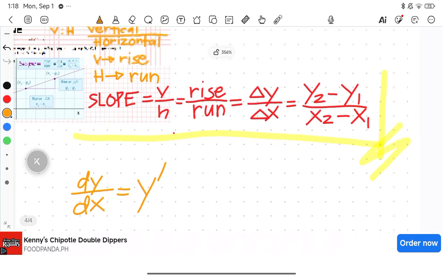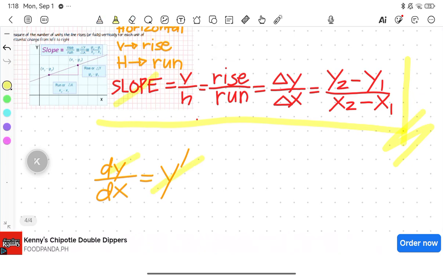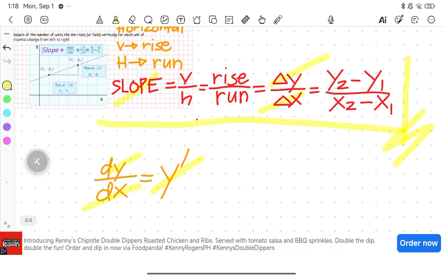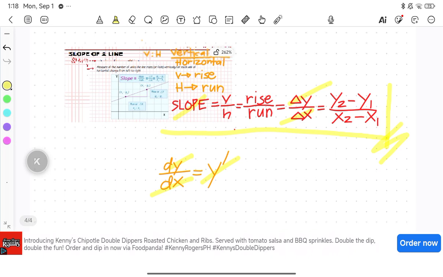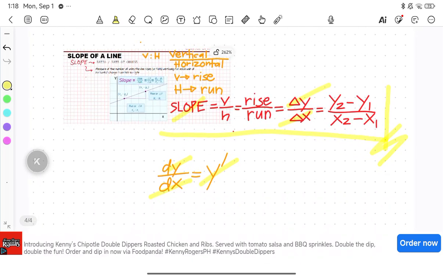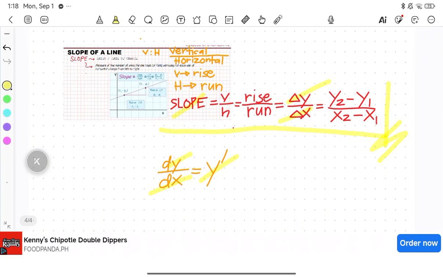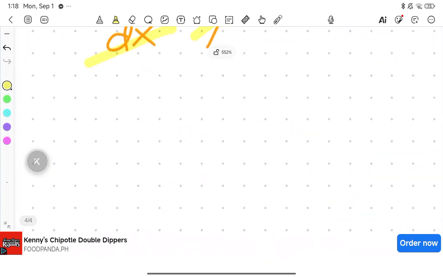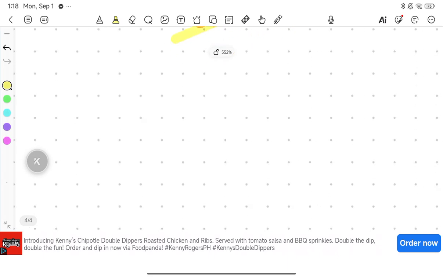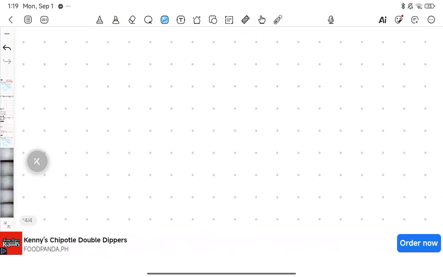Kumbaga, kung tutuusin. Kasi halos, kung mapapansin nyo, same format. Slope, dy, delta y, dx, delta x. So, that will be the basis for the calculations for differential calculus. Just by getting the slope. Diba? So, wag nyo sisihin ang mga bagay-bagay dahil dyan naman nagsisimula ang differential calculus.